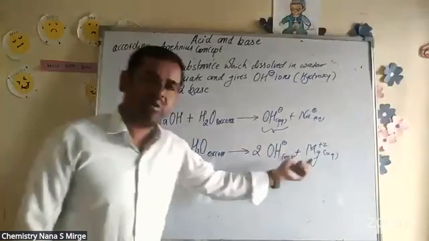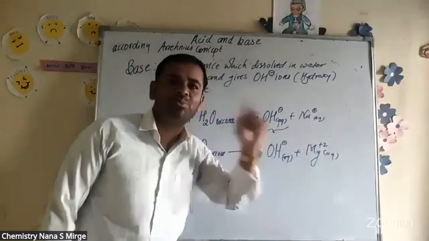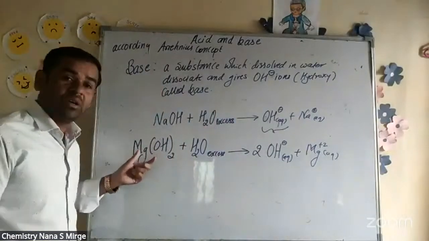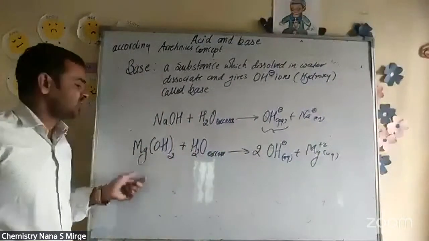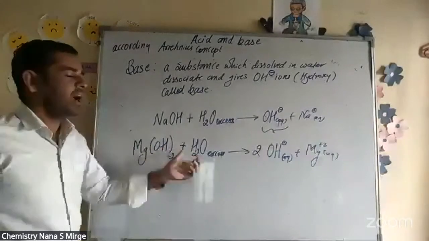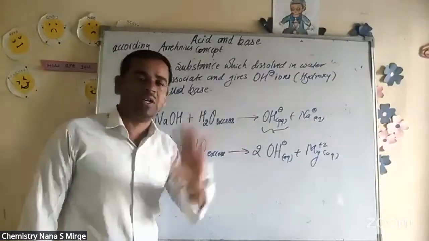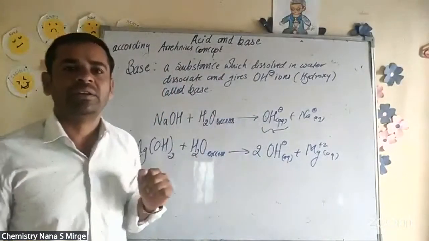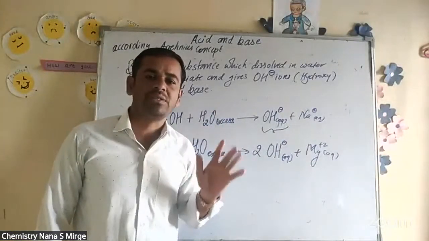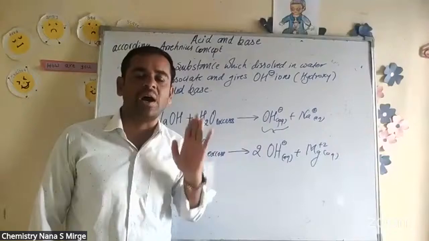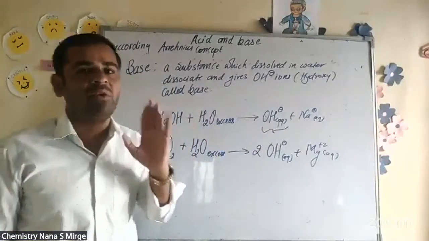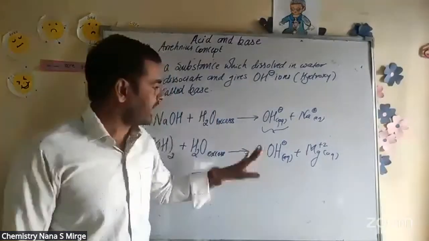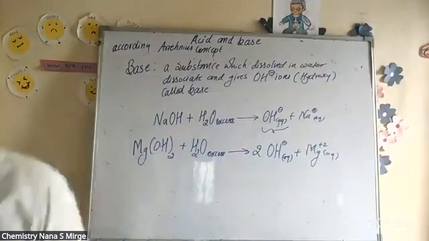Again, Gayatri, the Mg positive is not much reactive, but OH negative is, when this base magnesium dihydroxide meets H2O, producing OH negative ion. Your definition is those substances which produce OH negative ion. That OH negative ion is what we collectively call the reactive ion, and this reactivity depends entirely on OH negative ion, not Na positive ion.